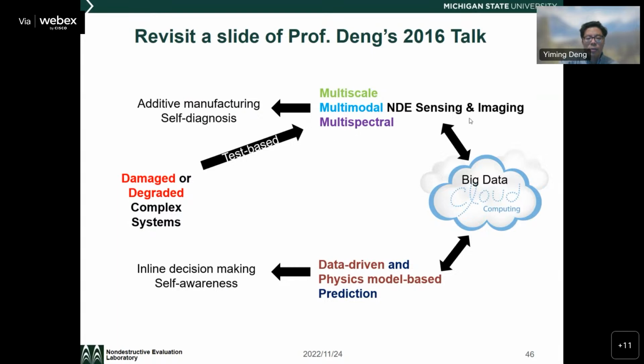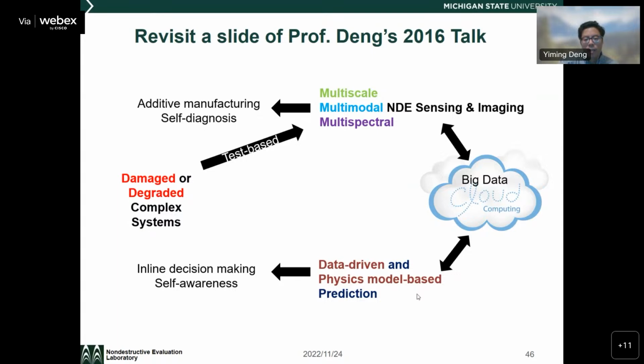For the sensing imaging, with those sensing imaging capabilities, it's possible to achieve, for example, in additive manufacturing, a better understanding during the manufacturing stage, and hopefully the material or the structures will have the self-diagnosis capability using those sensing imaging information.